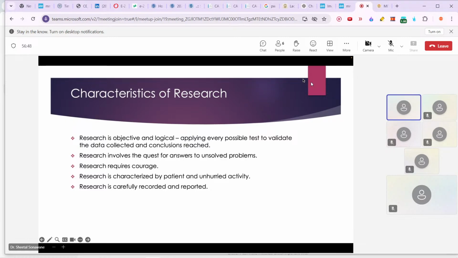In a simple case, we know that in earlier days, our grandmothers, or maybe nowadays my mother also, used to make kurdai, if you know. They have their expertise.